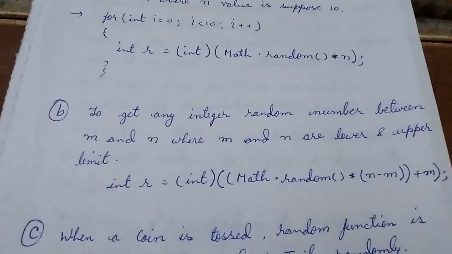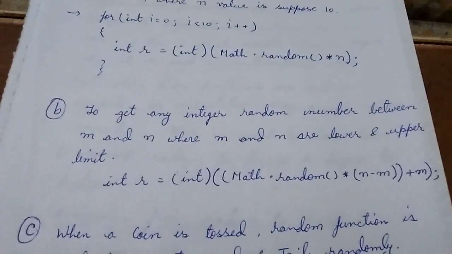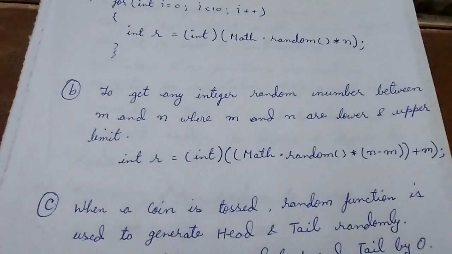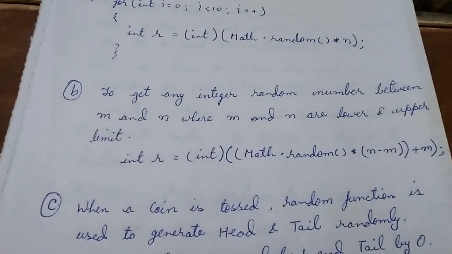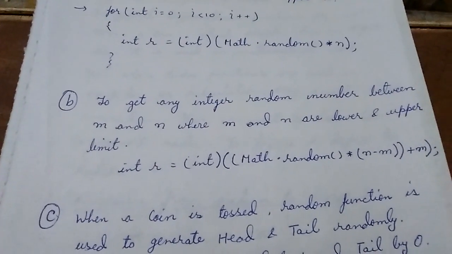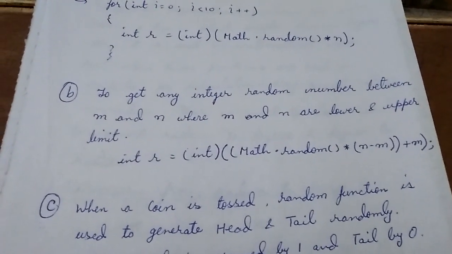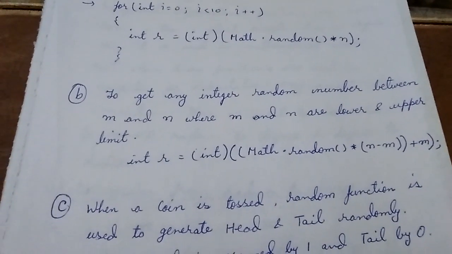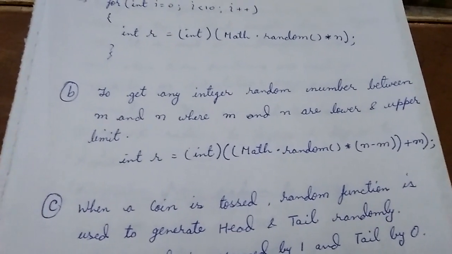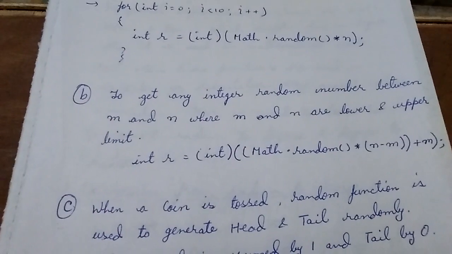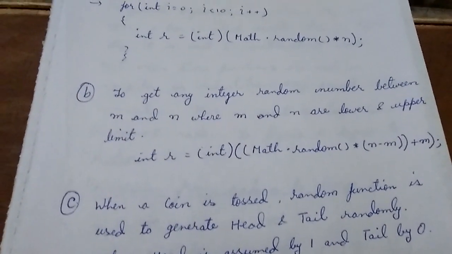Next we see how to get any integer random number between m and n, where m and n are the lower and upper limits. Here we are not fixing 1 as the lower value; the user will provide both the lower and the upper value.